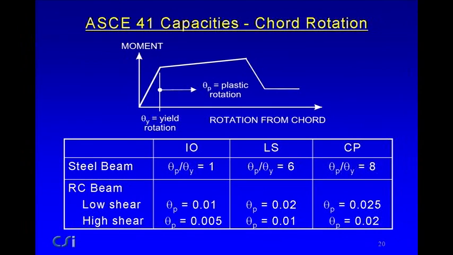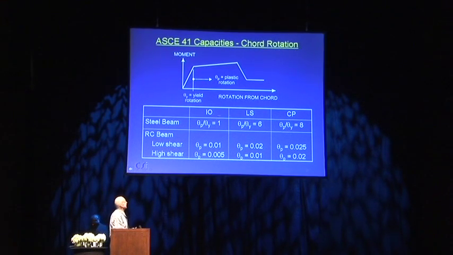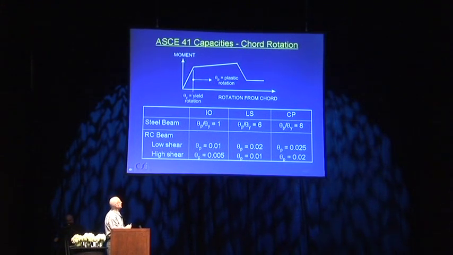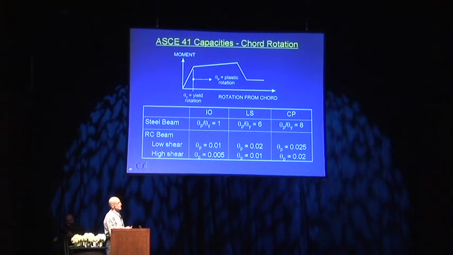Here are some examples of the ASCE 41 capacities for chord rotation. And this is the ASCE 41 moment versus rotation relationship. Yield rotation, plastic rotation is measured from the yield rotation. And these expressions are in terms of plastic rotation rather than total rotation. Steel beam and a reinforced concrete beam. Steel beam first.